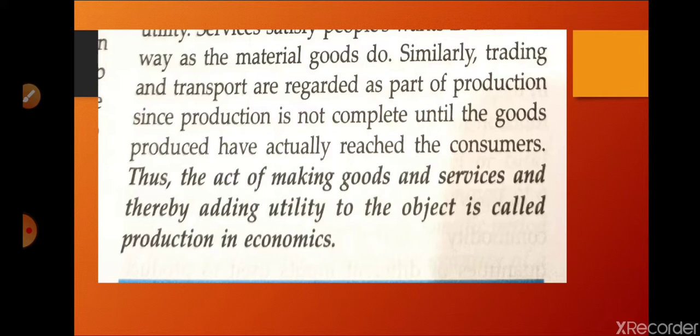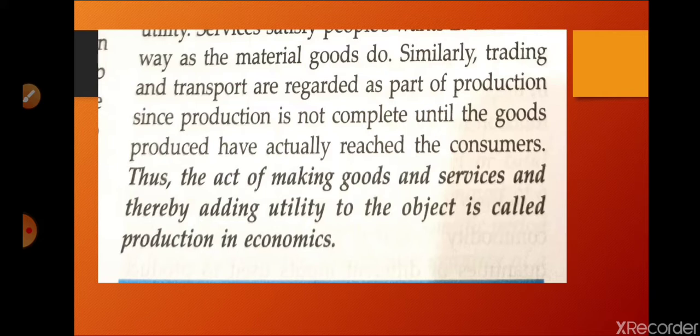If you are teaching in a school and getting a salary, then it is production. If you are teaching your own child, then it is not production. If your mom is cooking delicious dishes and supplying them in tiffins, then it is production. But if she is cooking for her own consumption, that is not production.